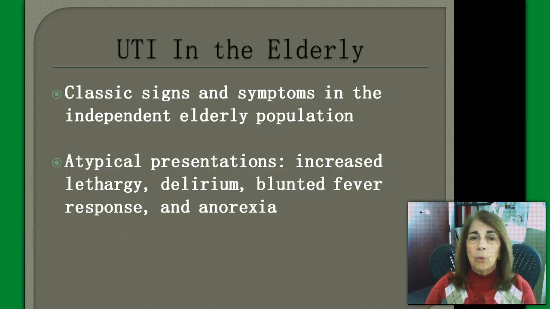There's just a whole range of atypical symptoms. And the family didn't know what else to do, and so they took the loved one to the emergency room where the UTI was diagnosed. And what we find is that as soon as they are treated and the treatment starts to work, all these other atypical symptoms, such as delirium or confusion, go away. It's very remarkable if you've never experienced it or seen it.